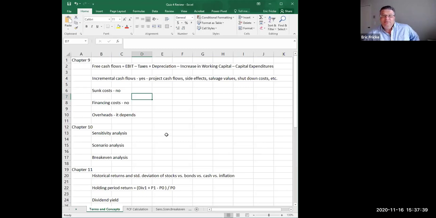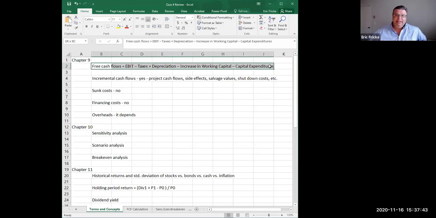And it started off with the basic equation being right here, what I'm highlighting on the screen, is that free cash flows are equal to EBIT, earnings before interest and tax, minus taxes, plus depreciation, minus the increase in working capital, and minus CapEx. So that's the basic equation that we're working off of.